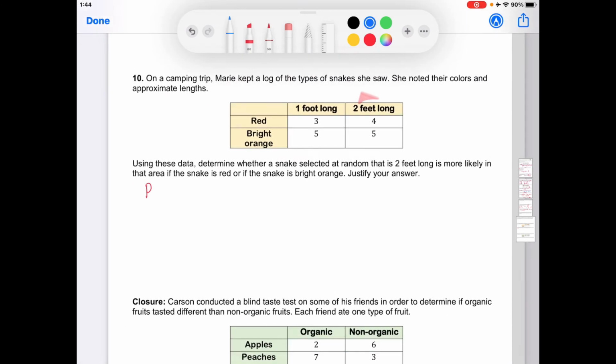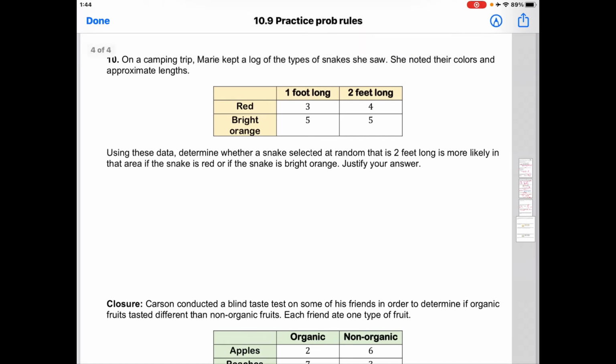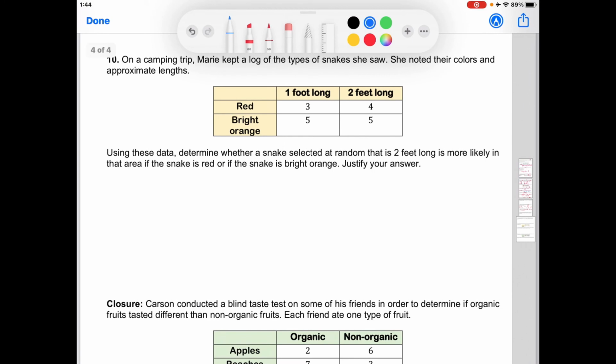Okay, so I want to do one last question, number 10. Number 10 is asking me, on the camping trek, Marie kept a log of the types of snakes she saw. She noted their colors and approximate lengths. So anytime you're given a frequency table, you want to make sure that you do the totals. So let's first do the totals, since they're not done.